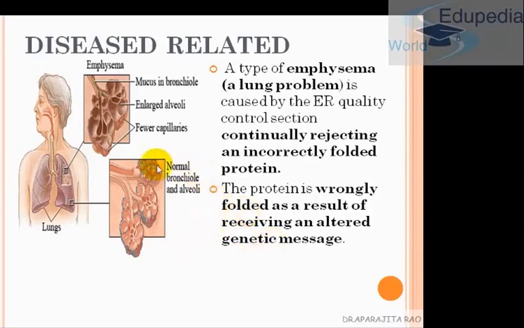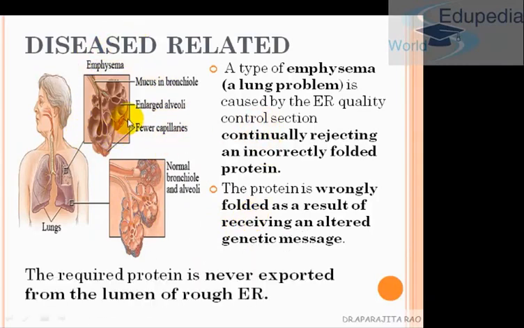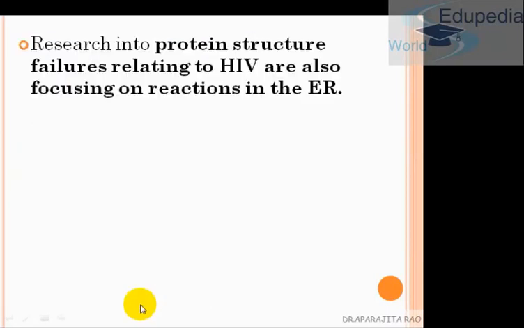A normal looking bronchiole and alveoli should look like this, but because of that it starts looking like this. So you can see the disease. What can it do? The required protein is never exported from the lumen of the rough endoplasmic reticulum, hence the function does not take place.